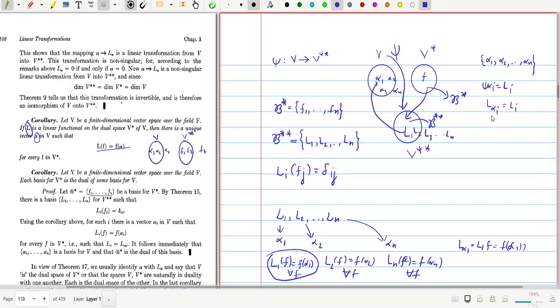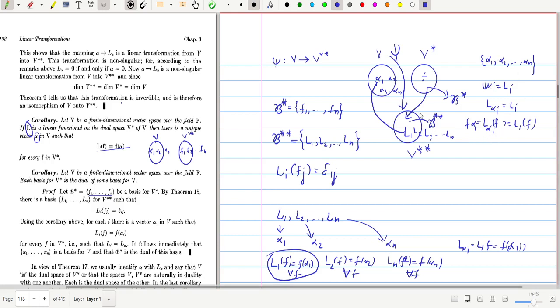This is true for all f. That means L alpha i of f is equal to Li of f. So this is what we have written here: L alpha i of f is equal to f of alpha i. So Li of f is equal to f of alpha i for all i.